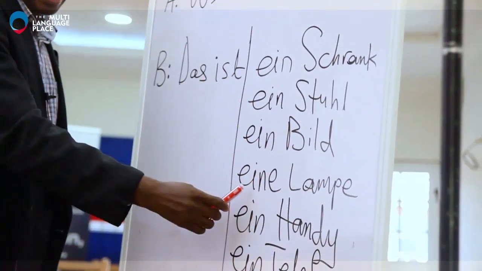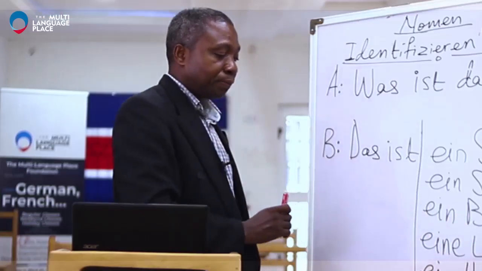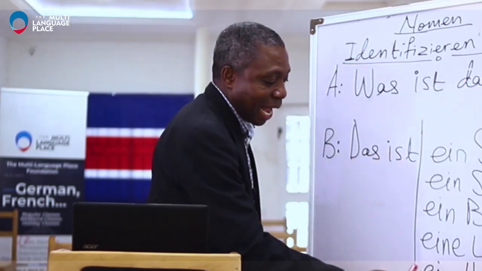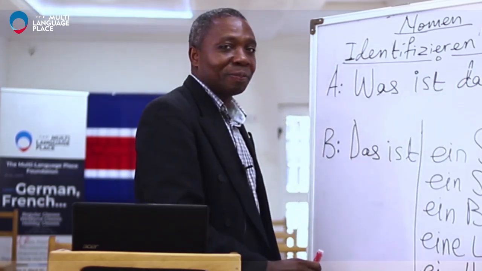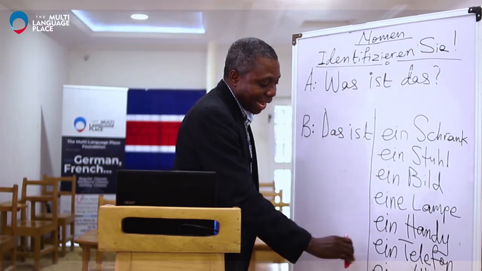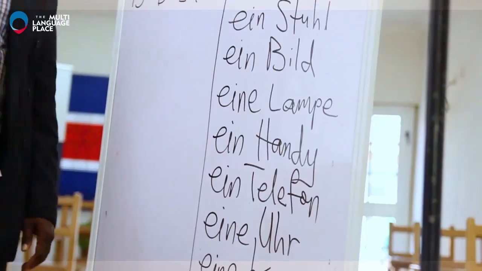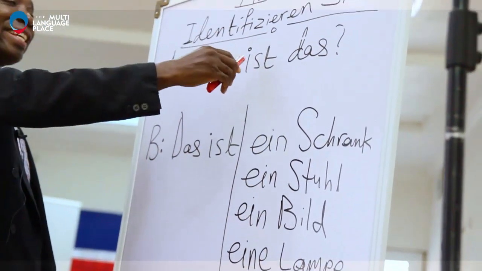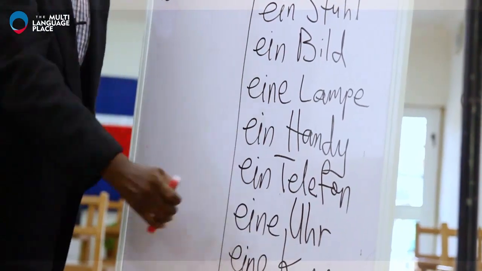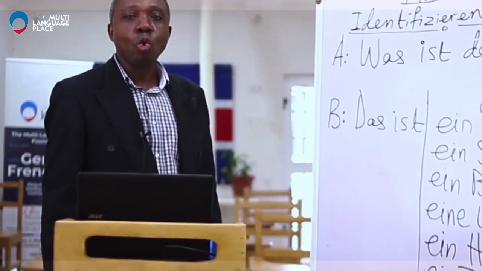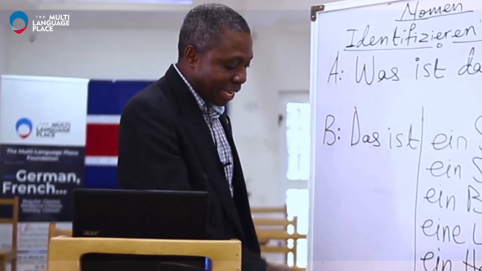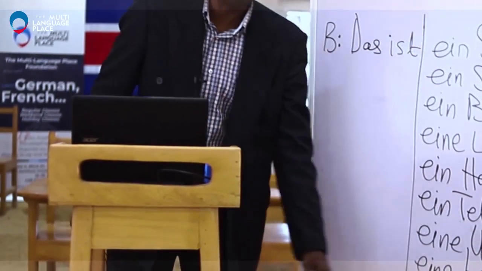Das ist eine Lampe. Was ist das? Das ist ein Handy. Was ist das? Das ist ein Telefon. Was ist das? Das ist eine Uhr. Was ist das? Das ist eine Kamera.